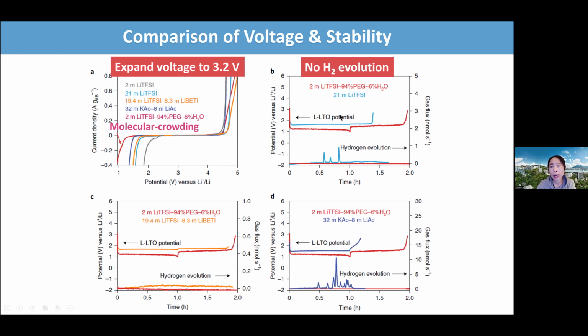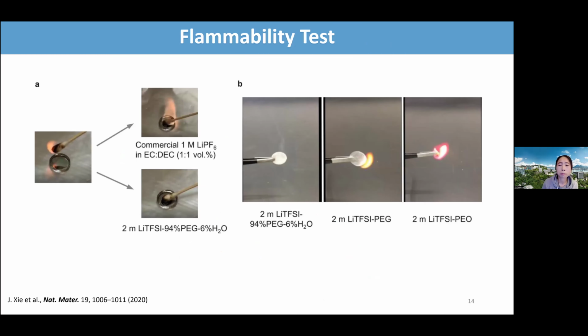For instance, the 21 molal lithium TFSI has a lot of hydrogen evolution in operation. Other highly concentrated electrolytes also show some trace of hydrogen evolution, but the molecular crowding electrolyte does not evolve hydrogen in this battery operation.